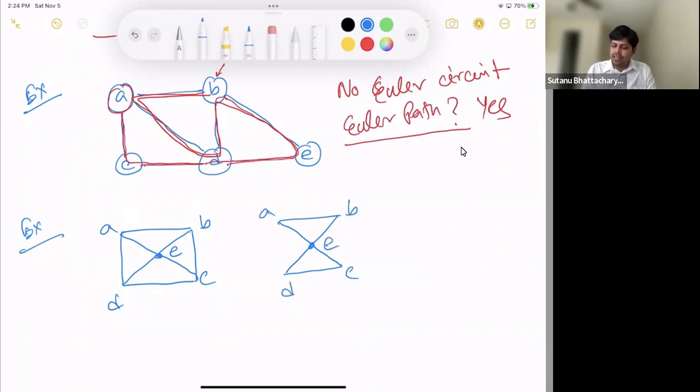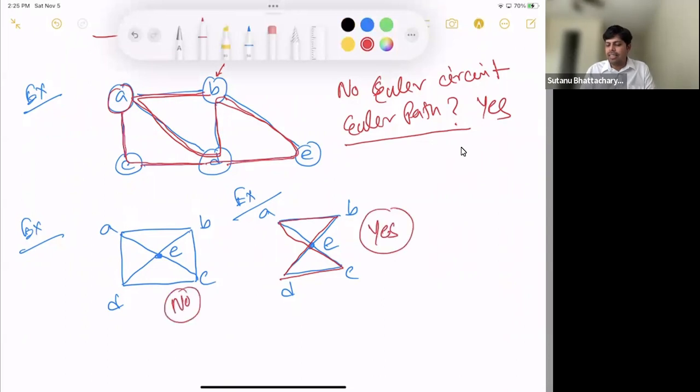In this graph, this is another graph, you need to find, is there any Euler circuit or Euler path? In this graph, I think there would be. Here you start, okay, then you go this way, then this way, then this way. So every edge is traversed exactly once, not more than once. So we have found a simple circuit which covers all edges. So yes, in this example. But here you will see no, you can't find any such Euler circuit or Euler path.